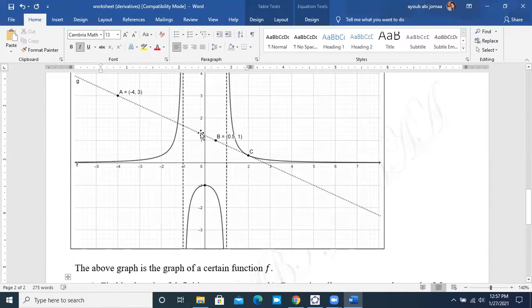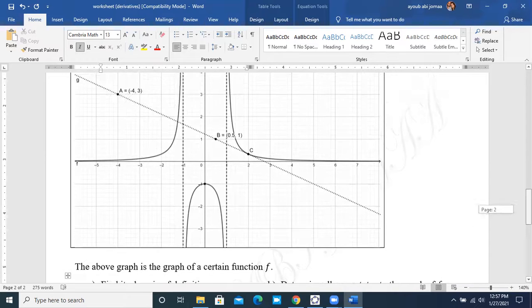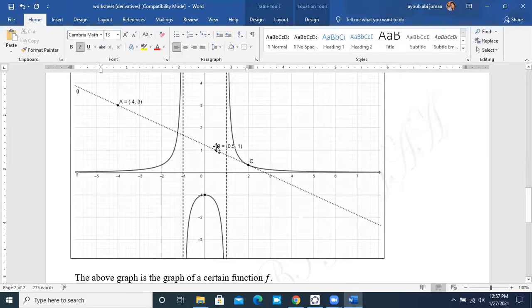Now how to find the slope of a line? What you studied in grade 9: y2 minus y1 over x2 minus x1. So it is yb minus ya over xb minus xa, or the opposite, the same thing.